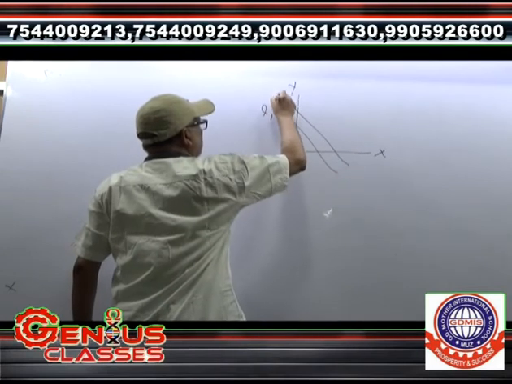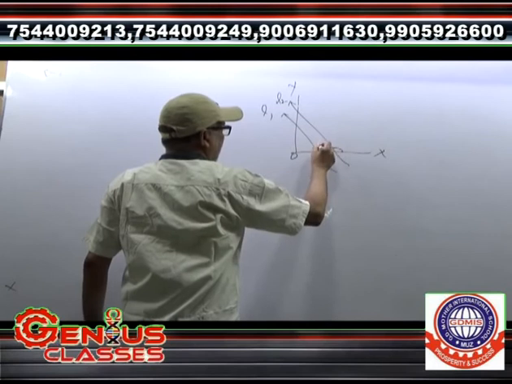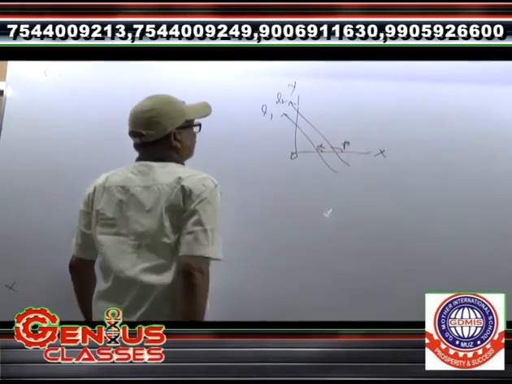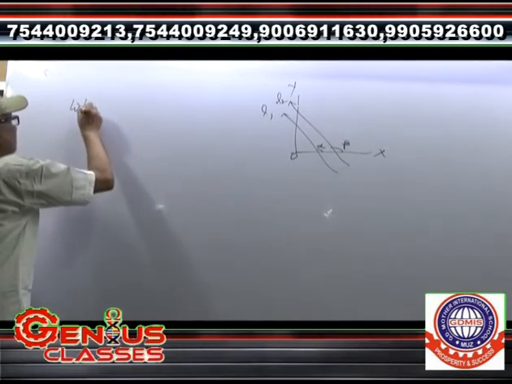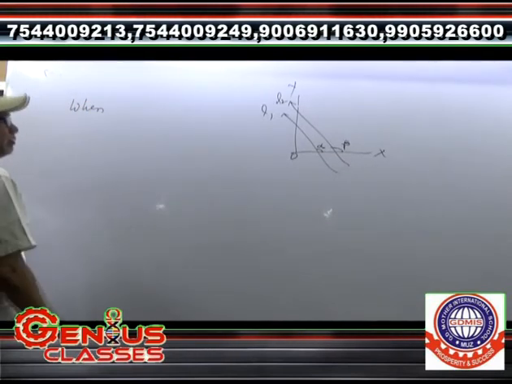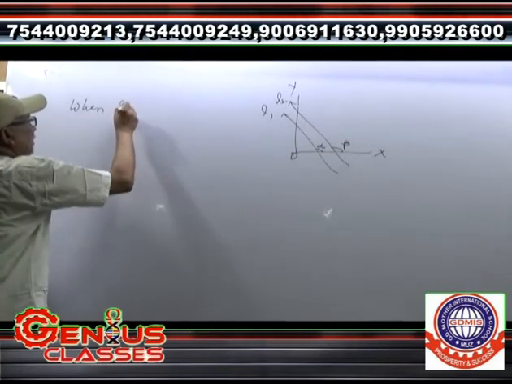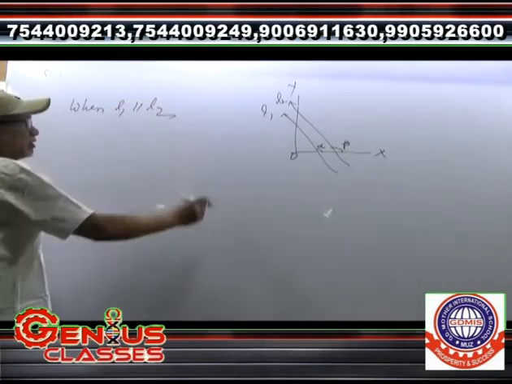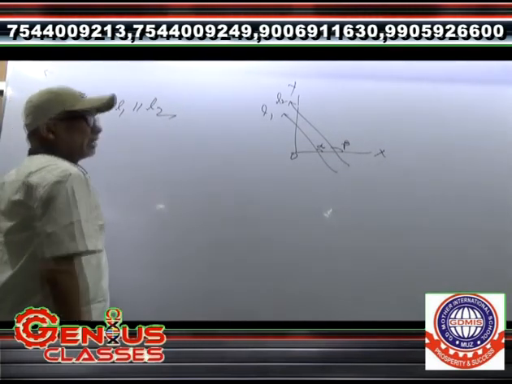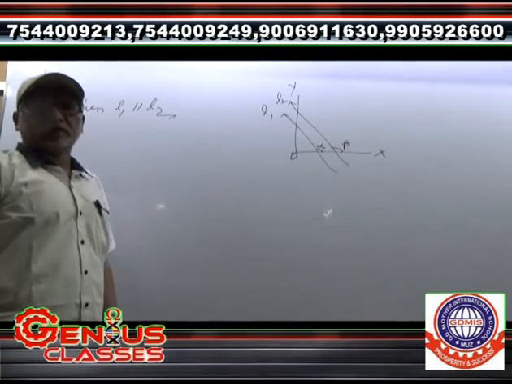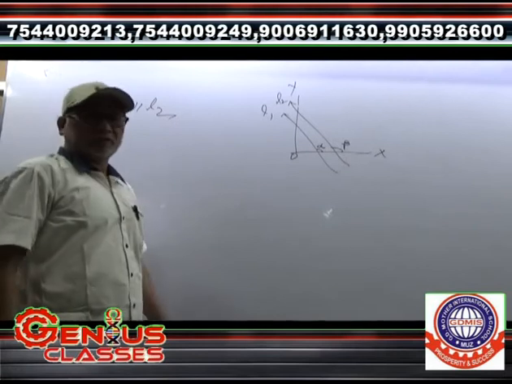L1, L2, ये alpha है. When two lines are parallel, जब दो line parallel हो, when L1 is parallel to L2, तो corresponding angles are equal. Here OH is the transversal.